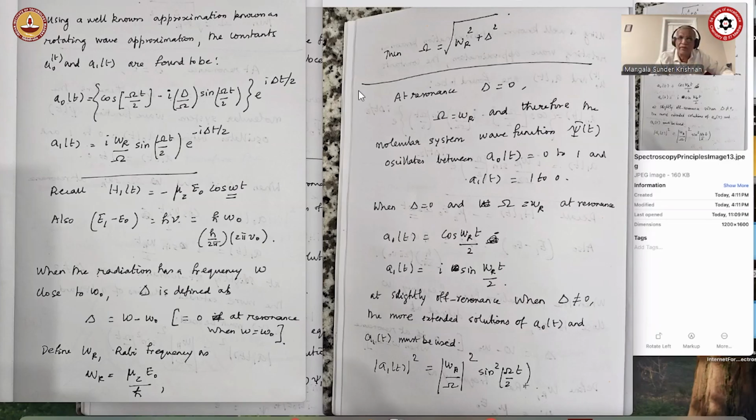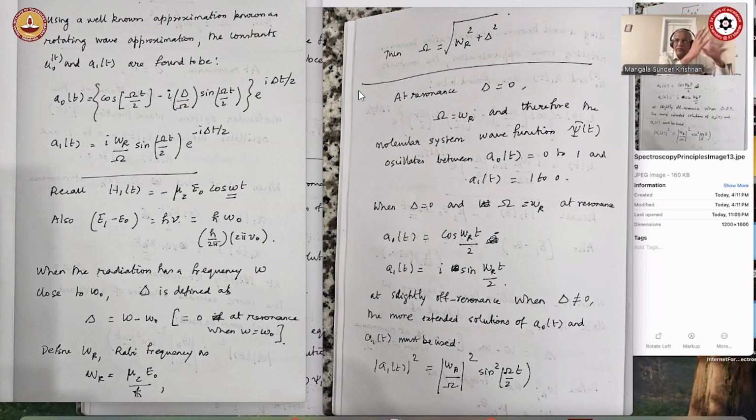Now, that oscillation depends on the ratio of omega r to omega. What is omega r? Omega r is, of course, clearly known to you. It's the dipole moment multiplied by the external field divided by h bar. It's fixed by the molecule, fixed by the electric field.